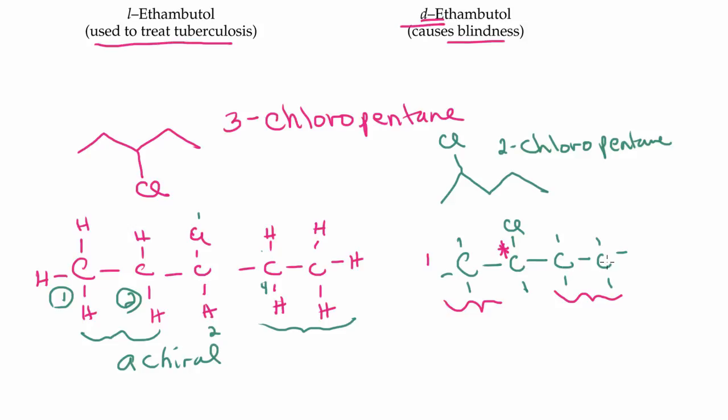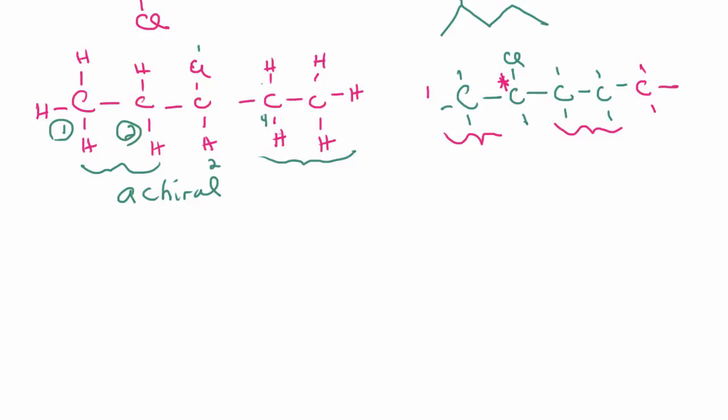Carbon number 3 is not chiral. Carbon number 4 is not chiral, and carbon number 5 is not chiral. So our chiral center here is carbon number 2. So this is a chiral molecule. So again, all you're doing is you just want to make sure the carbon has 4 different groups.